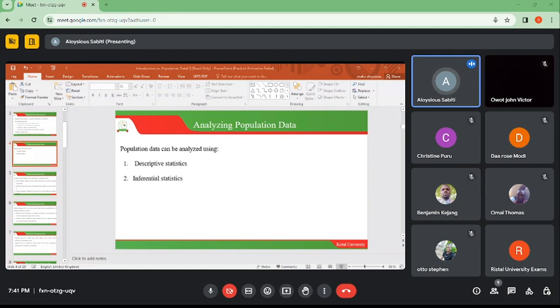So these are measures that tell you where the data points are.